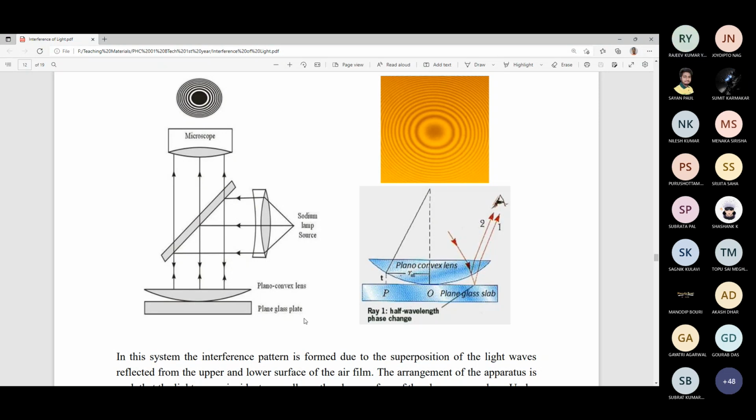Yes, sir. Now you see the reflection of beam number 2 is by the curved surface, backed by this air medium. In between the glass plate and lens, this is air medium. So this is a rarer medium. So this reflection will take place backed by a rarer medium, so it does not undergo any phase shift.